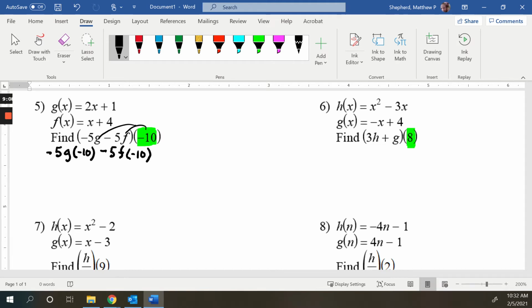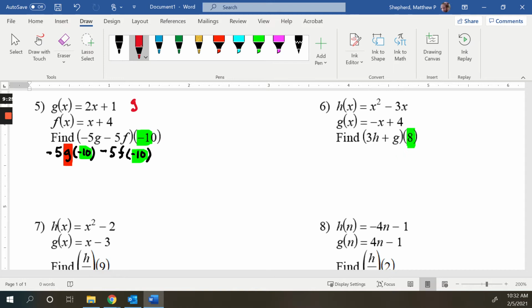Now, before I start writing all that out, it may be a lot easier to just go ahead and figure out what both of these things would be. So let's figure out what g would be.